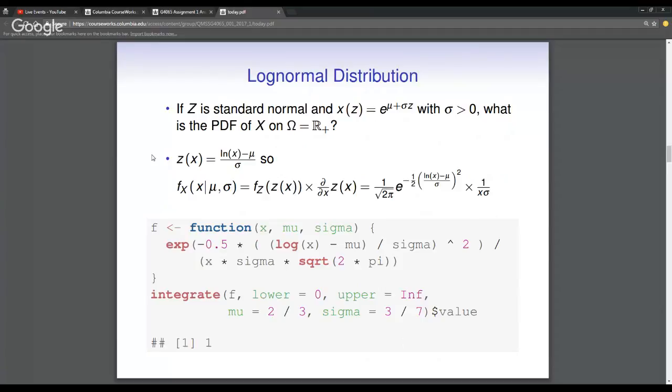And if you're lacking confidence as to whether you did this correctly, you can simply write an expression for this thing in R and use the numerical integrate function over the sample space of x, and it should come out as 1, which it does in this case. So we know that we've done it right. Otherwise, we would know we've done it wrong.